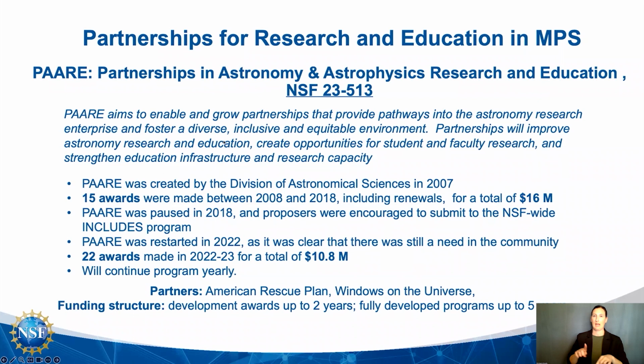Partnerships improve astronomy research and create opportunities for students and faculty research, strengthen education infrastructure and research capacity. Okay. So this also goes back to 2007. They don't make that many awards, 15 awards between 2008 and 2018. So they're about 1 million an award.